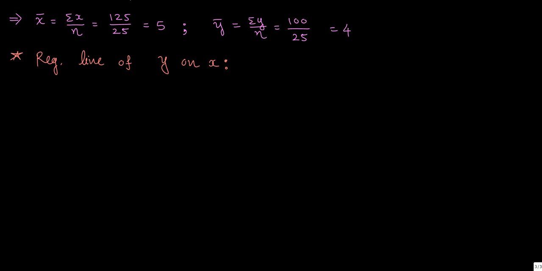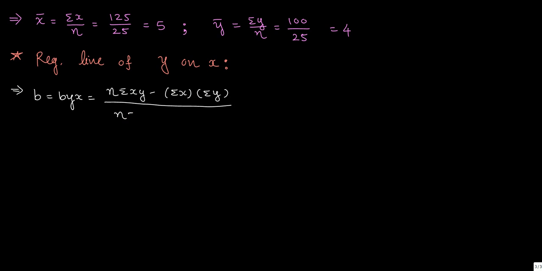Okay. First find out b. B equals to byx equal to n sigma xy minus sigma x into sigma y upon n sigma x square minus sigma x whole square.